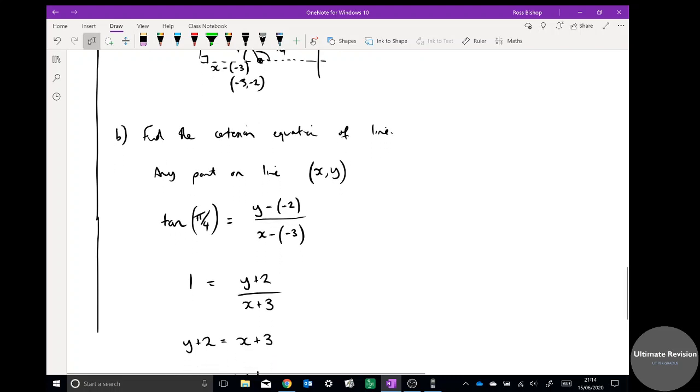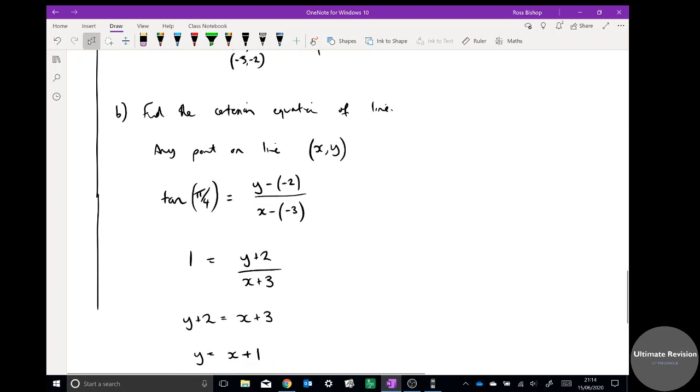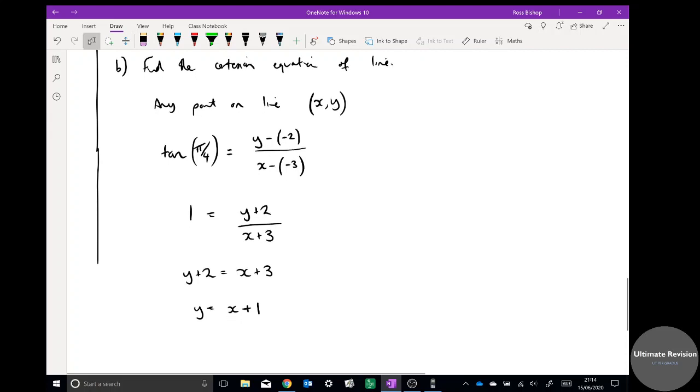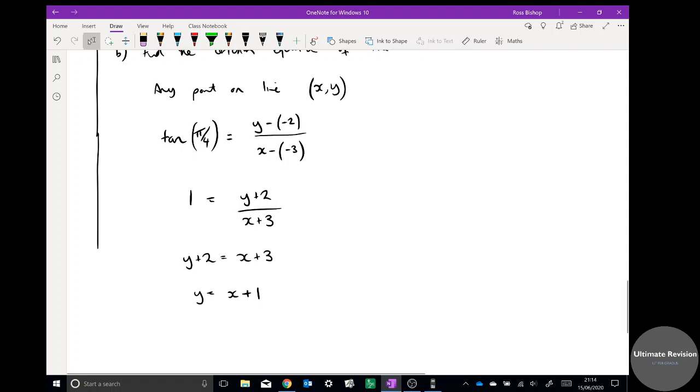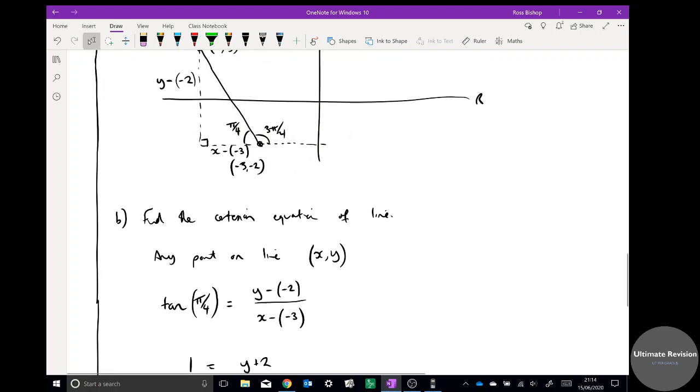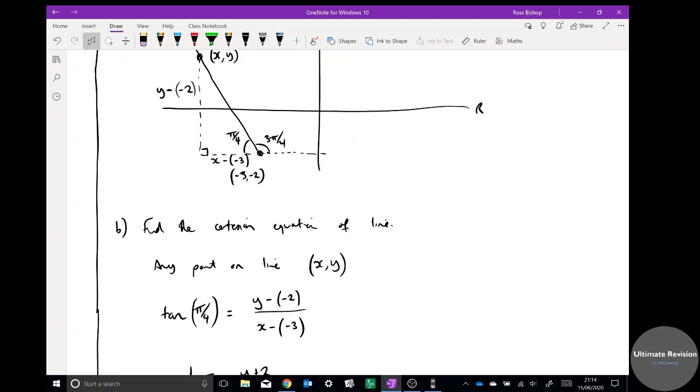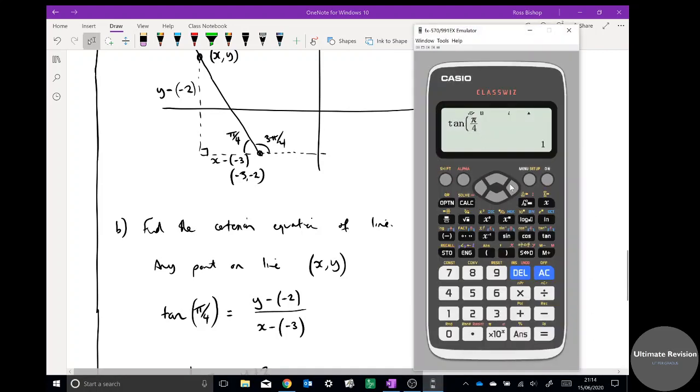Rise over run, tan, definitely that, and this needs to be negative because it's sloping in a way. Check. Tan pi over 4 equals rise.